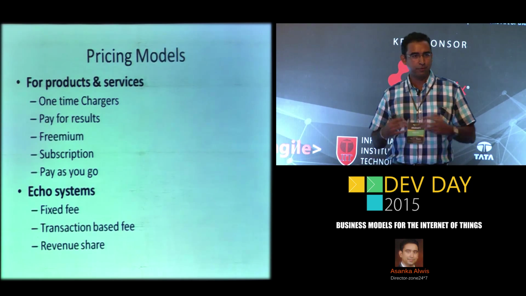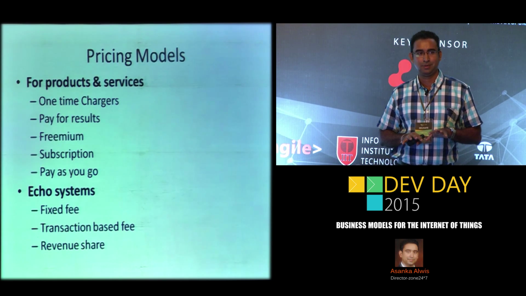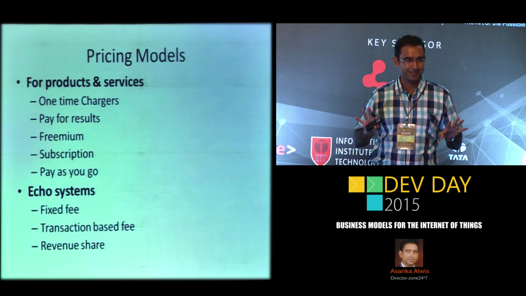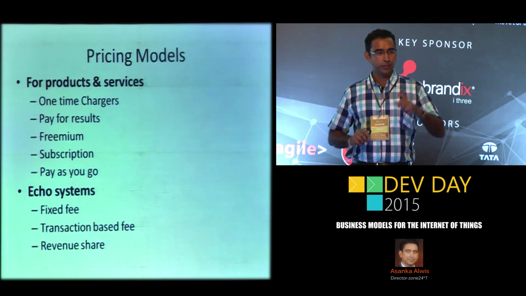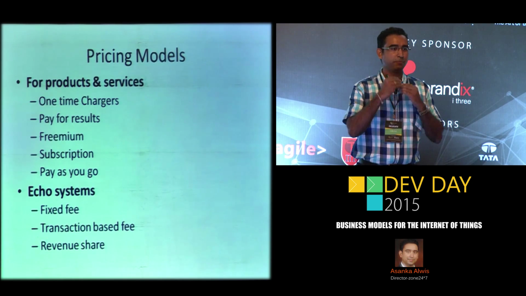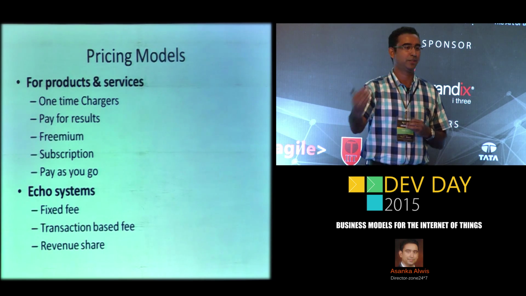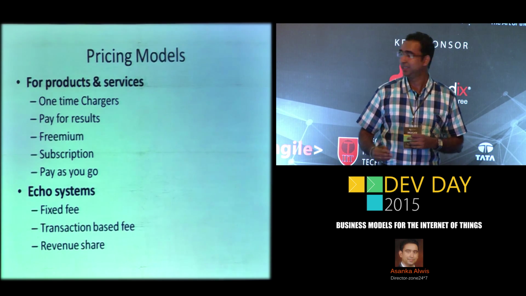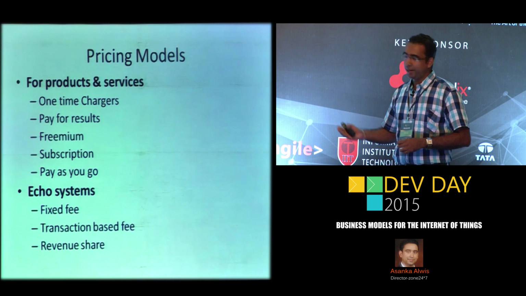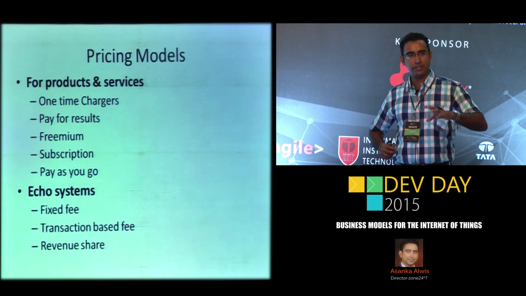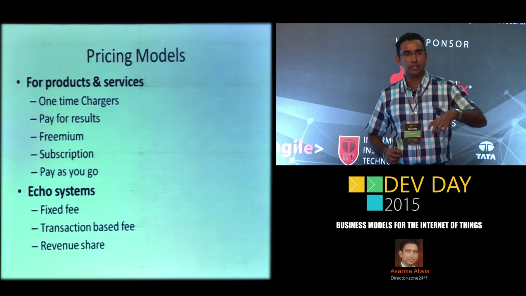And freemium, have you heard about freemium before? No? Okay. Freemium means you give it free for a certain time, and after that, it's going to be a premium charge. This is a widely used concept because IoT is still a new concept.